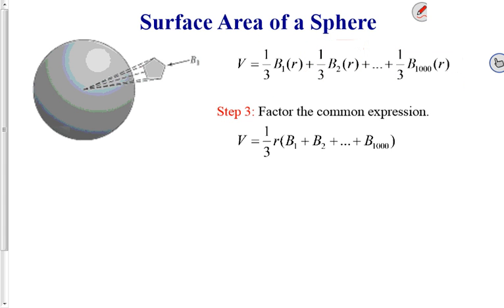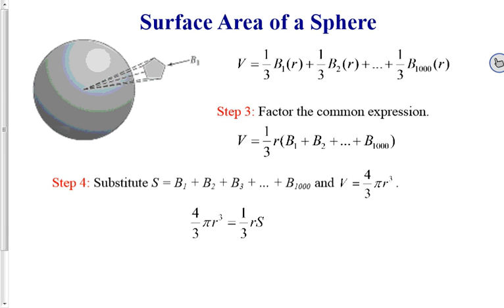And when we do so, we get the volume formula that you see here. 1/3 times r times the sum of the areas of the bases of all the pyramids. Now remember, back at the beginning, the sum of all the areas of the bases was the surface area of the sphere.